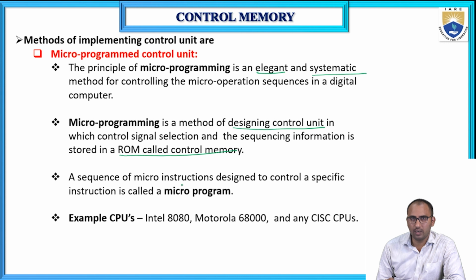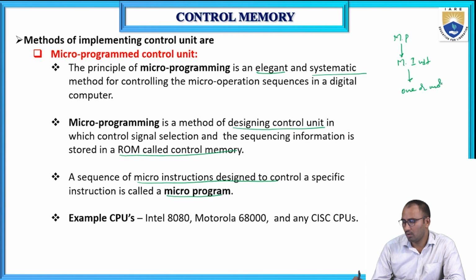A sequence of micro instructions designed to control a specific instruction is called a microprogram. So a microprogram is a collection of a sequence of micro instructions, and every micro instruction consists of one or more micro operations.